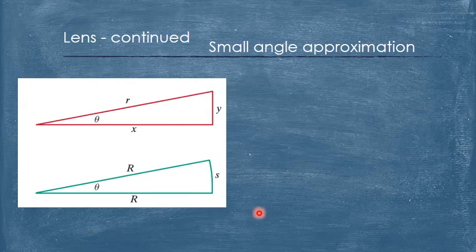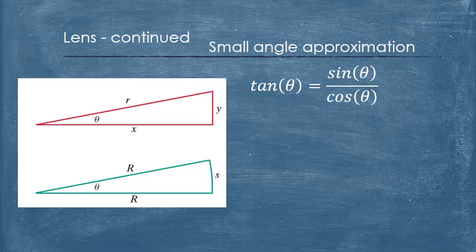So in order to understand and make predictions about what the light rays will do when they enter the lens, we're going to use the small angle approximation. Using these triangles, the definition of tangent theta is sine theta over cosine theta. The small angle approximation allows us to treat theta as a small number, close to 0.